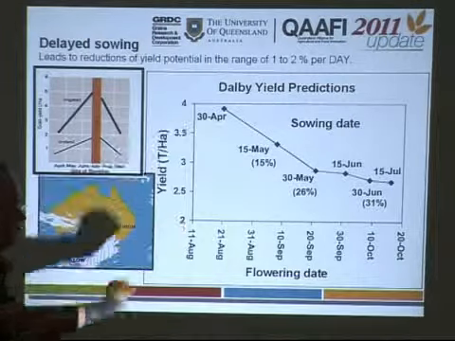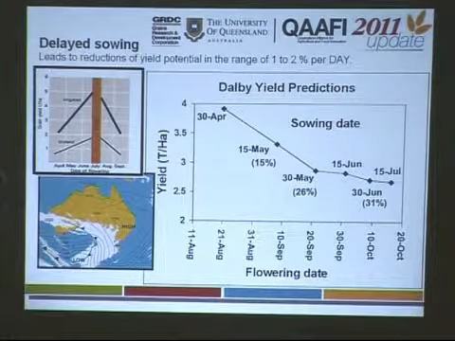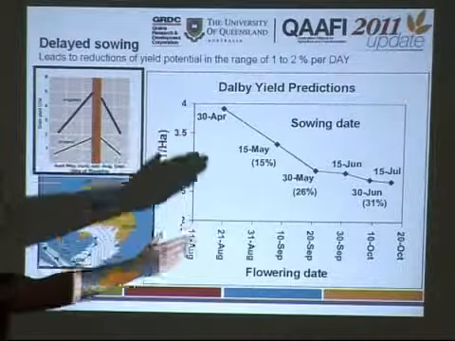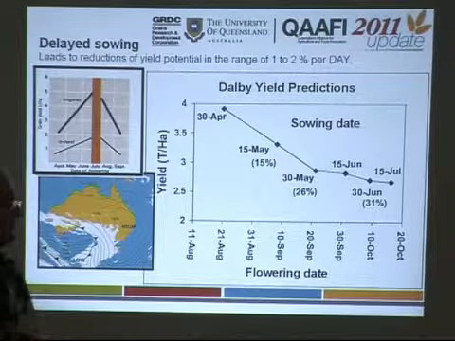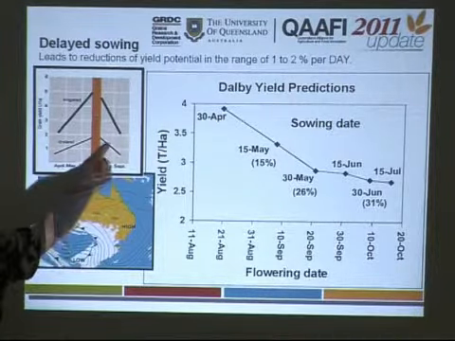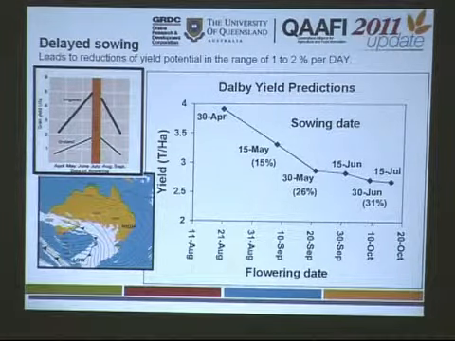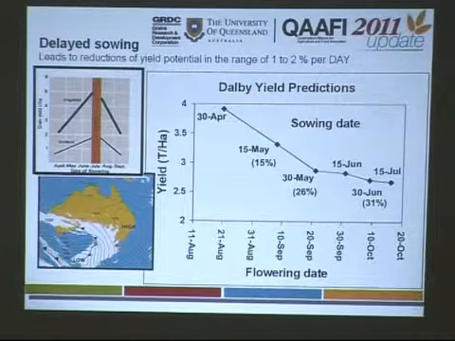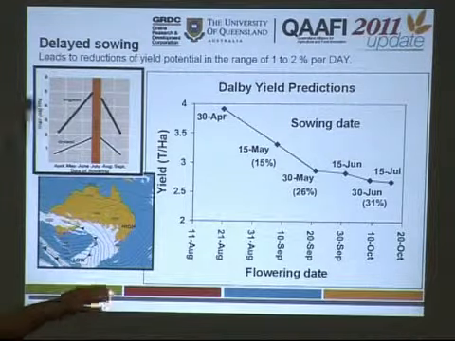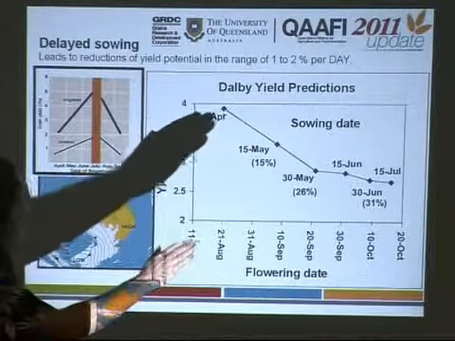This is the earliest they go, the 30th of April, which leads to flowering in late August, and puts us about there on that curve. So we're not starting up there. I just want to make that point. But this is the best sort of data I can get to try and demonstrate the point to you.